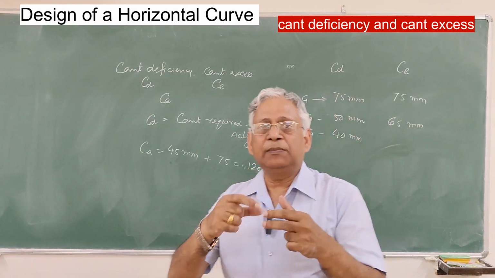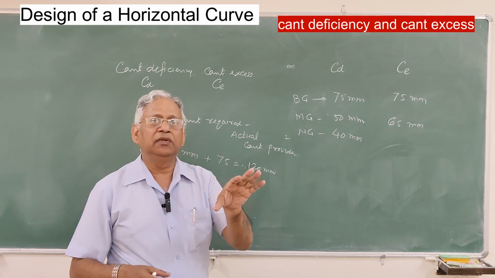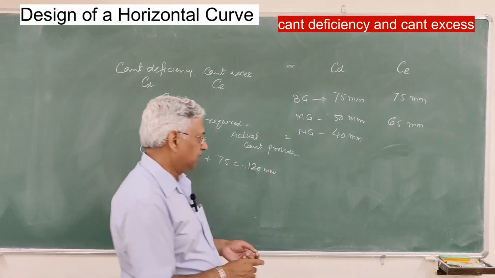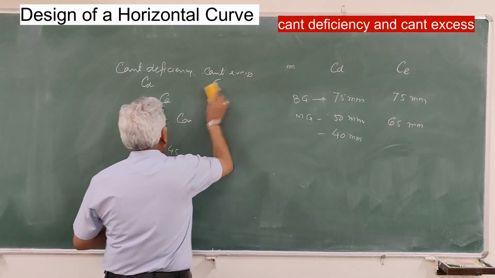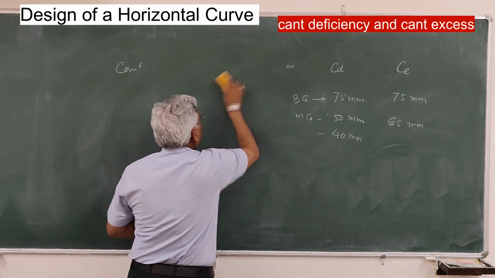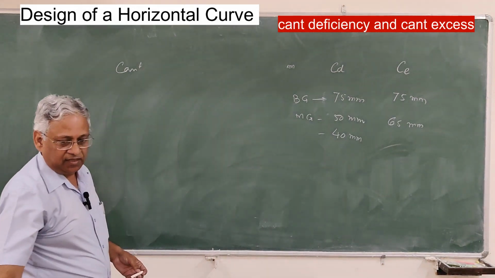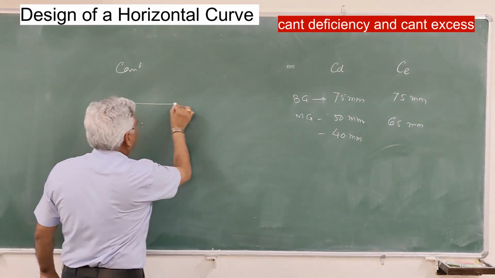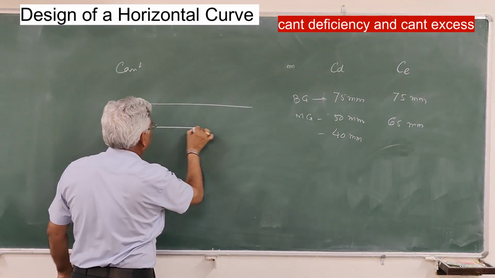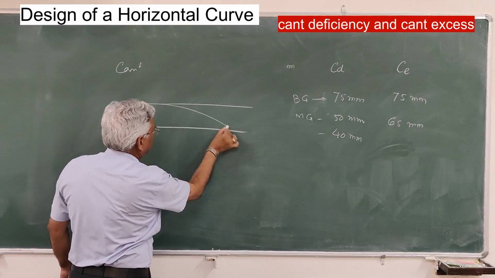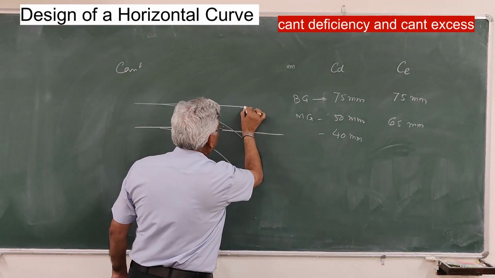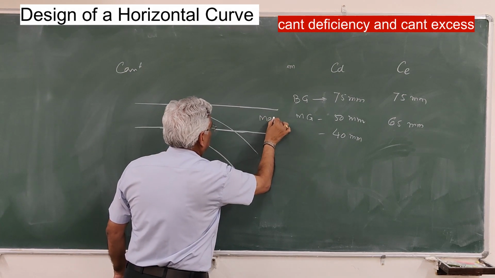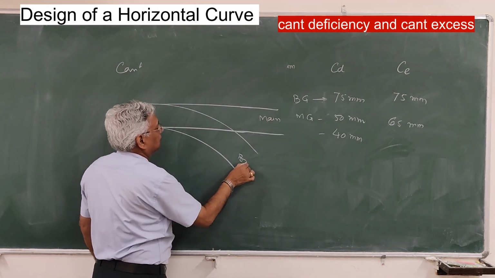This concept of Cant deficiency is extremely important when you have diverting tracks. A branch line takes off from a main line. This is the main line and this is the branch line.